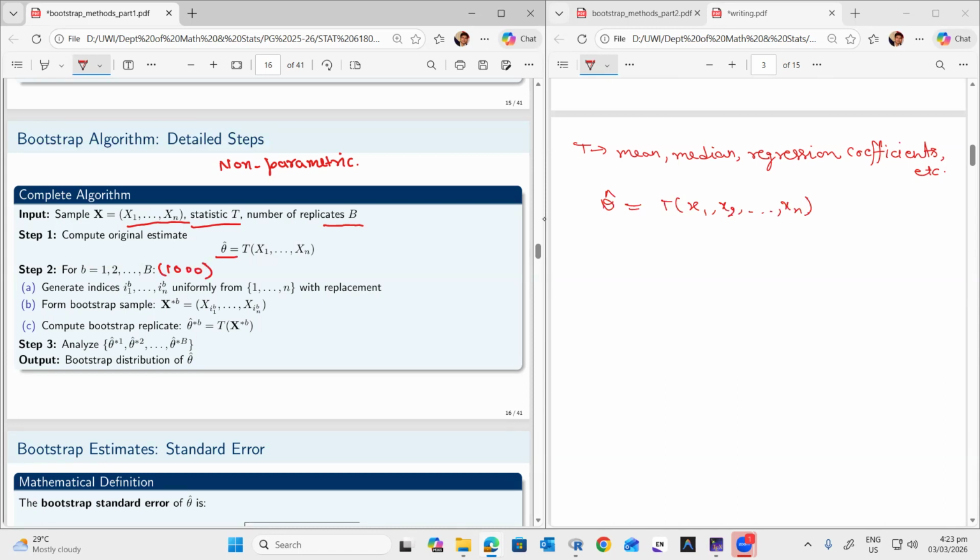first we need to generate the indices I1b, I2b up to Inb uniformly from 1 to n with replacement.